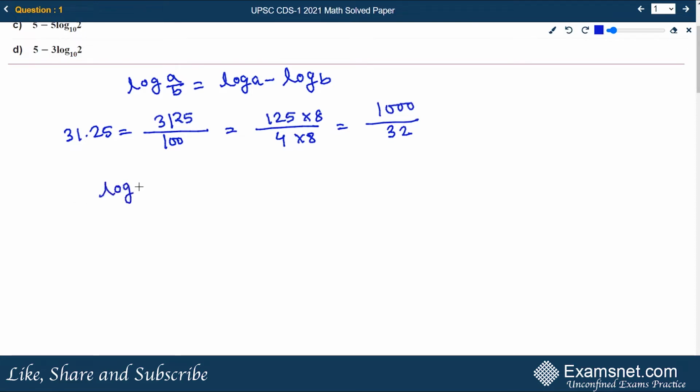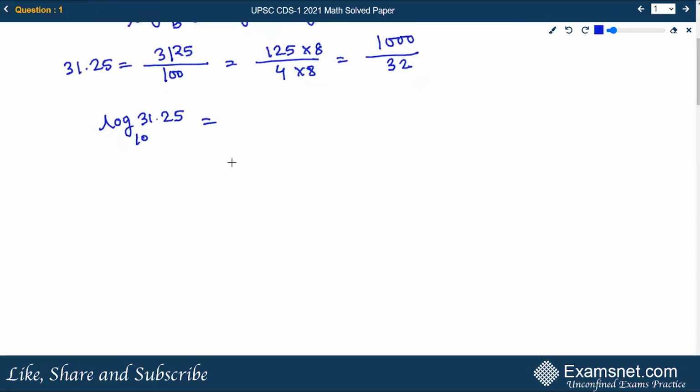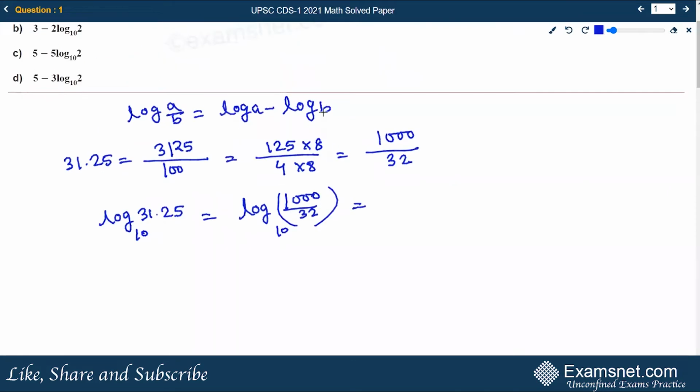So log 31.25 to the base 10 is written as log 1000 by 32 to the base 10. Remember this formula, we are going to use it here. Let's name it 1.